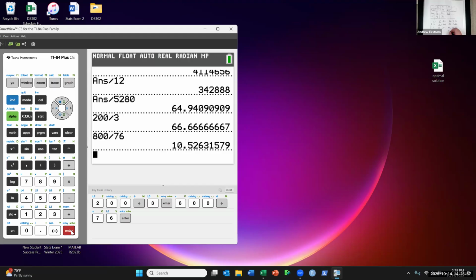And then the f value is going to be mean sum of squares from the model divided by mean sum of squares for the error. So in this case, 66.67 divided by 10.53.